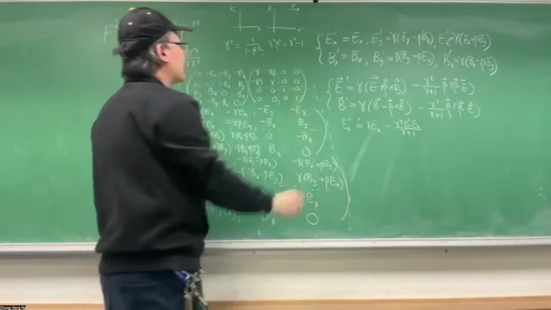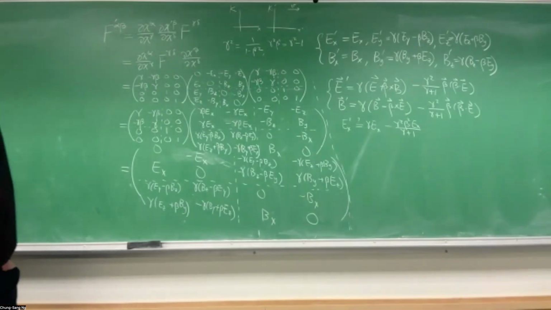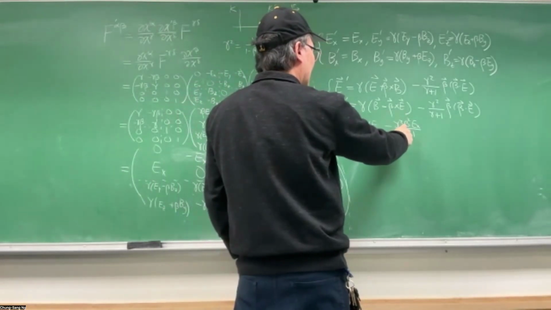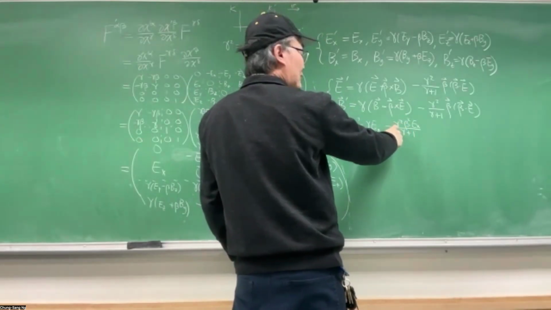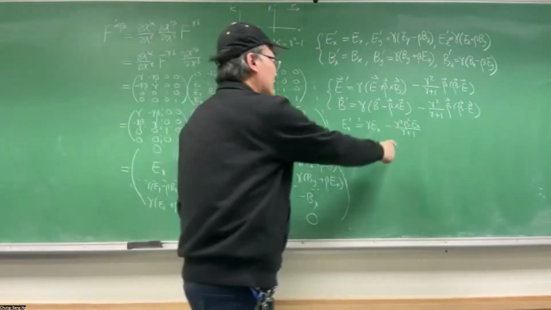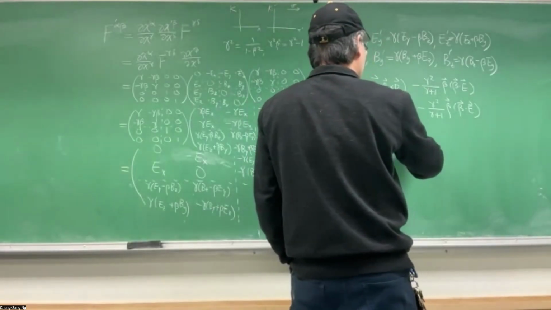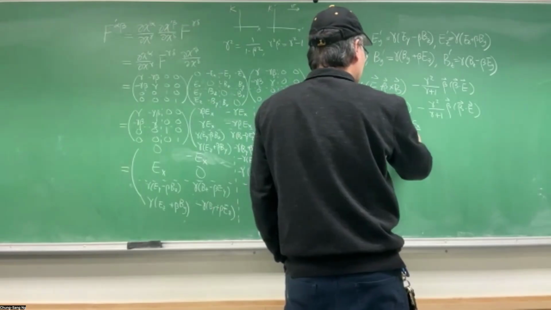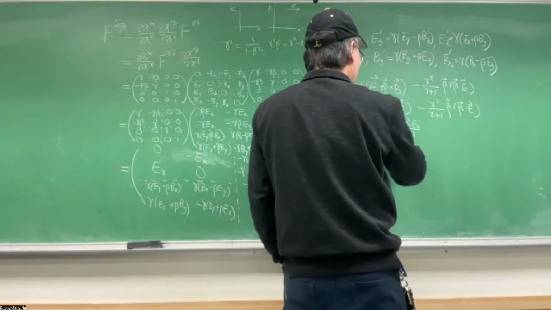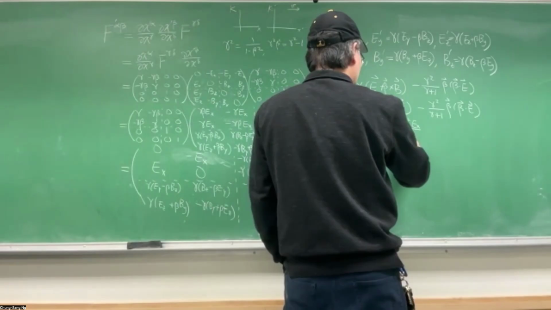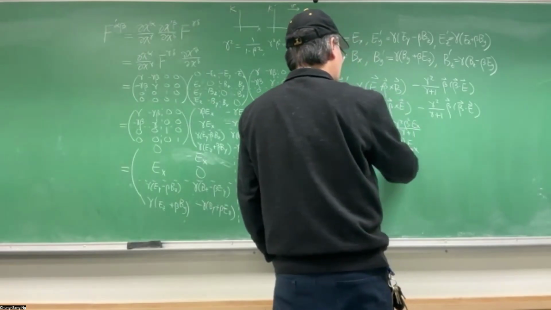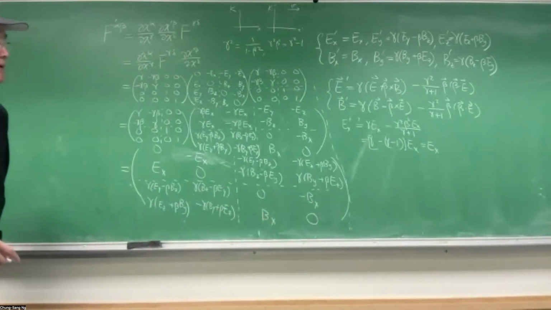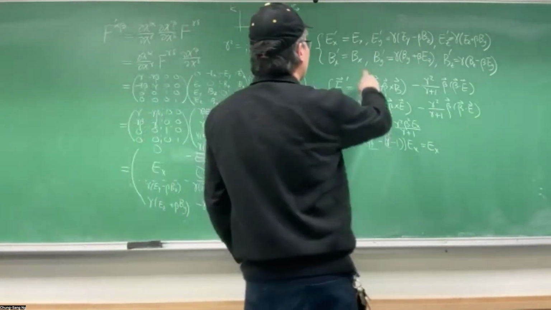So this is the formula that we have, a gamma squared beta squared. You can change that to gamma squared minus 1, which is gamma plus 1 times gamma minus 1. So you cancel the gamma plus 1. So this becomes gamma minus 1 times Ex. And you see that that's exactly Ex. Okay, so we check that.